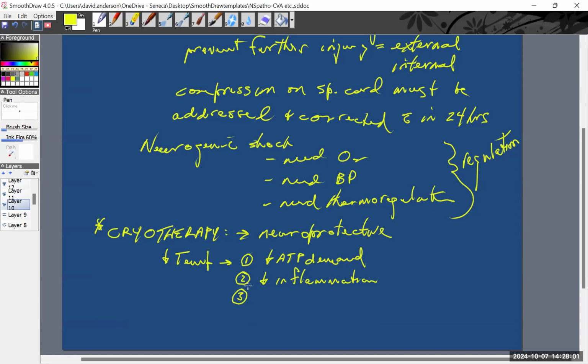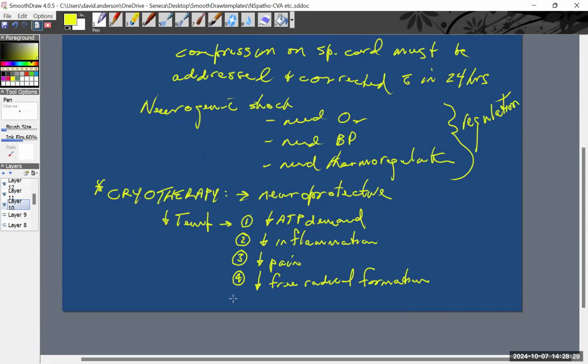Cryotherapy is also helpful with respect to reducing pain. So your patient's going to be more comfortable. The pain responses and the risk for autonomic dysreflexia will be reduced a little bit. The drop in temperature decreases free radical formation. That we know is helpful.